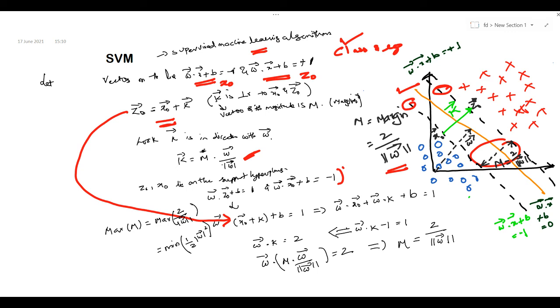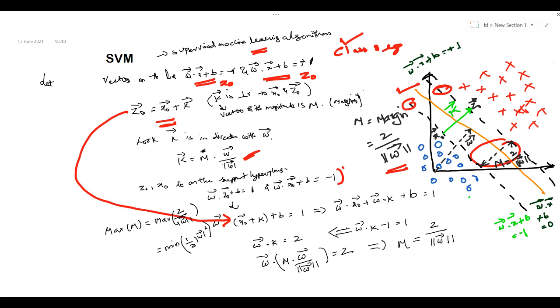Now expand this equation. We get w bar · x naught bar plus w bar · k plus b is equal to 1. We know that w bar · x naught bar + b = -1. So w bar · k - 1 = 1, so w bar · k is equal to 2.